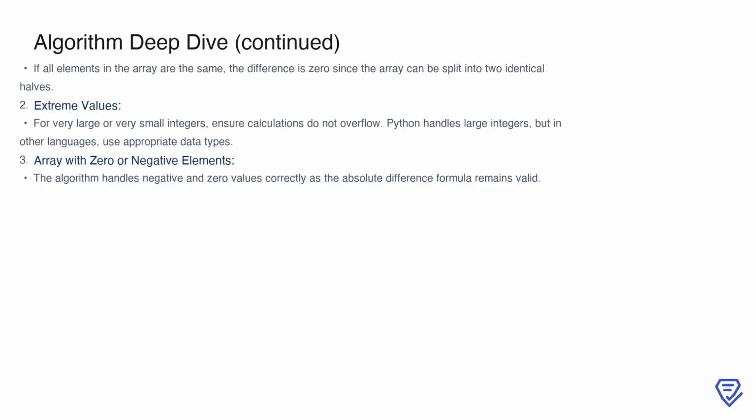Arrays containing 0 or negative elements are also handled correctly by this algorithm, as the absolute difference formula remains valid regardless of the values. These considerations ensure that the algorithm is robust and can handle a wide variety of input cases. By addressing these edge cases, we can confidently apply this solution to real-world problems or competitive programming scenarios.